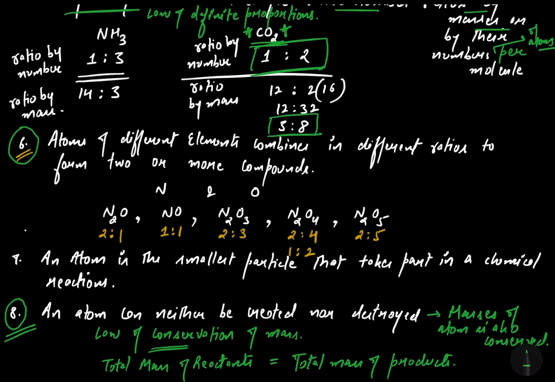So again, what does the sixth point say? It states that atoms of different elements combine in different ratios to form two or more compounds. This postulate supports the law of multiple proportions.